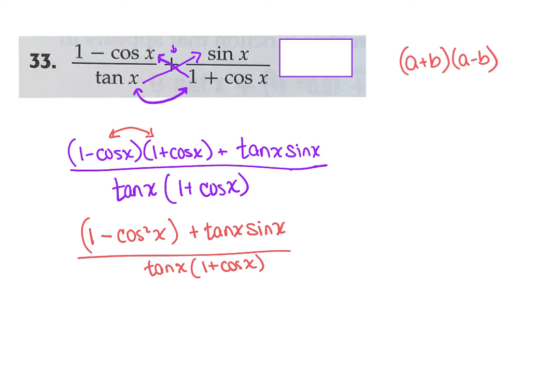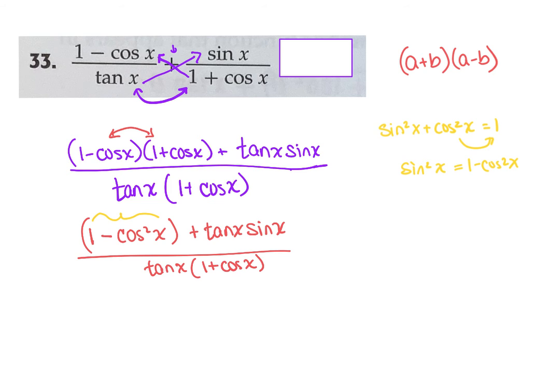So then this part right here should look somewhat familiar. Sine squared of x plus cosine squared of x equals 1. If I subtract that over, sine squared of x equals 1 minus cosine squared of x. Yes? All right.